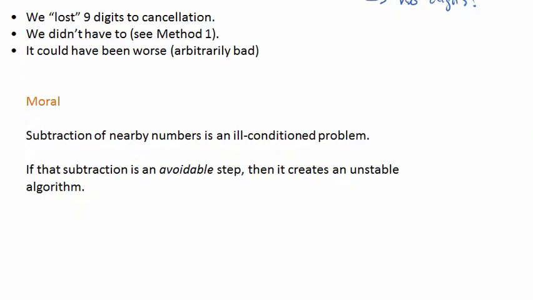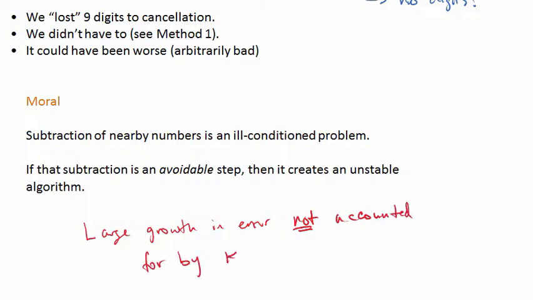So the moral of the story is that the choice of algorithm can be extremely important, and when we see very large growth in the error that's not accounted for by conditioning, we call that instability in the algorithm.